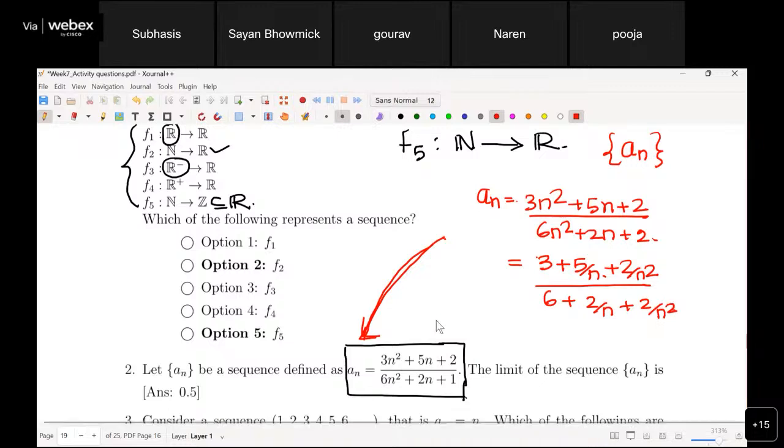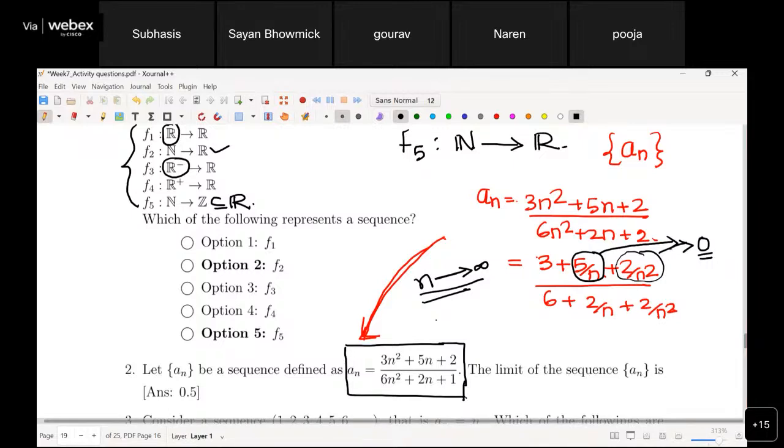One thing you can notice now, if I increase the value of n, that means if I take the value towards infinity, then this 2 by n square will go towards 0, right? And similarly, this 5 by n will go towards 0 as well, and this 2 by n also will go towards 0, and 2 by n square will also go towards 0.